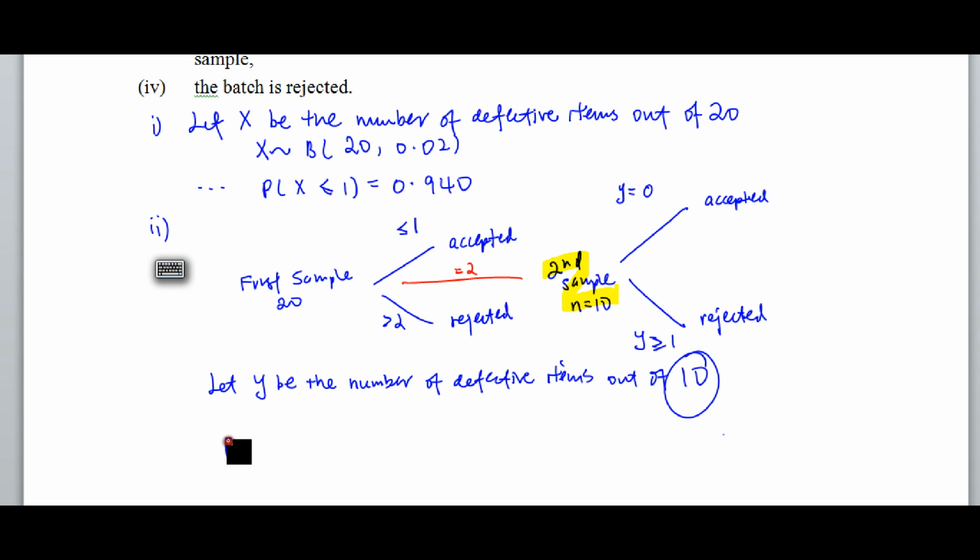You want the probability that x equals 1 given that the batch is accepted. Now, how can the batch be accepted? There are 2 possibilities. X must be smaller or equal to 1, or it must be exactly 2. Then you take the second sample, and in the second sample you must have y equals 0. Now, this is the most important thing.